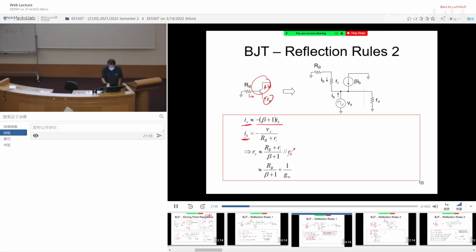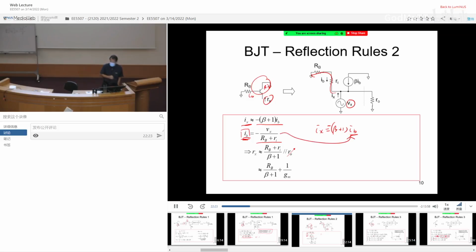Now the IB can also be derived easily. Why? Because IB is basically Vx divided by this resistance, RB plus Ri. So you can obtain the IB easily. Okay, so if you know the IB easily, you can also know the Ix easily, right? It's basically negative (beta plus 1) IB. IB you already know. You just put in IB here. Okay, and then you can easily derive Vx. So let me write it down.